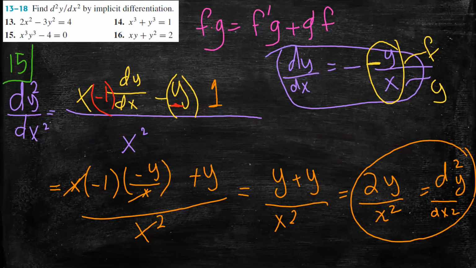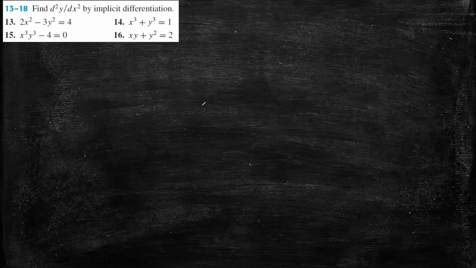Let's do now number 16. We have x times y plus y squared equal to.